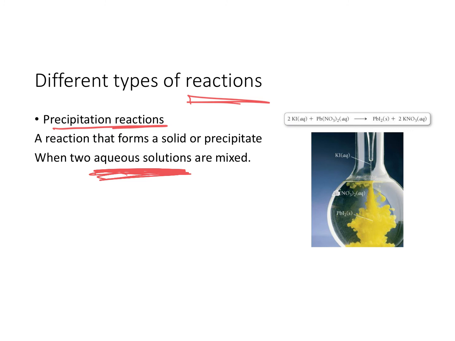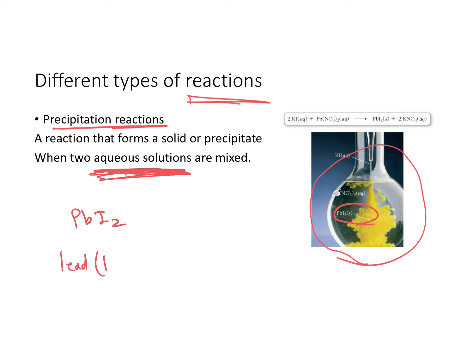We mix them, kind of like this reaction here. And then in this case, the precipitate is PbI2. Can anyone tell me the name of this compound? Yes? Is it lead II iodine?